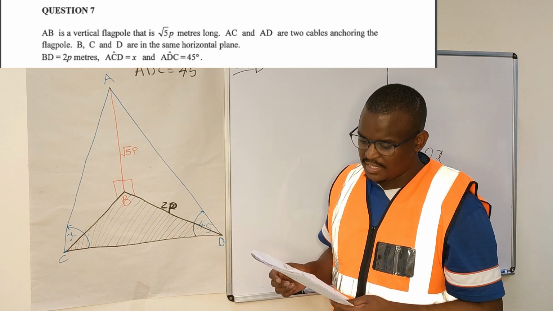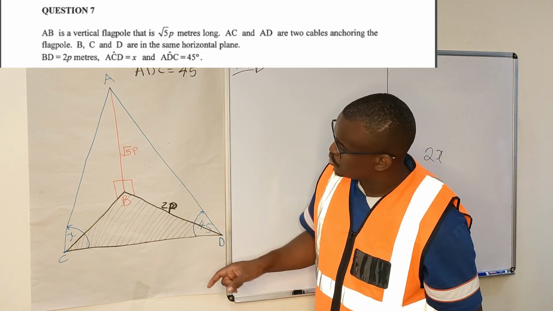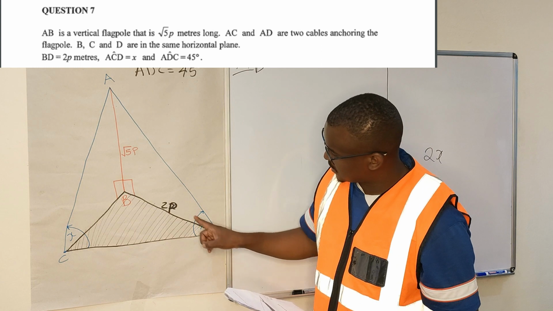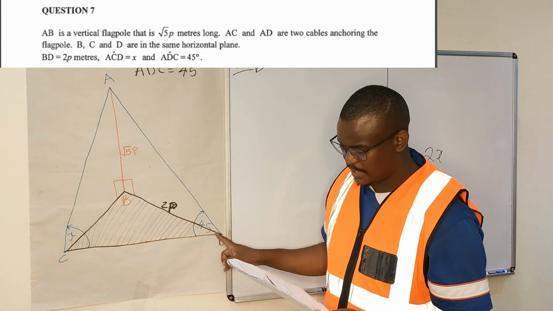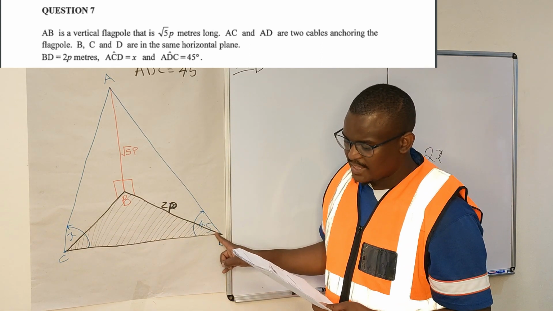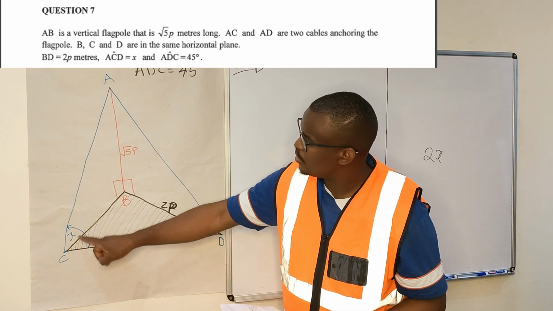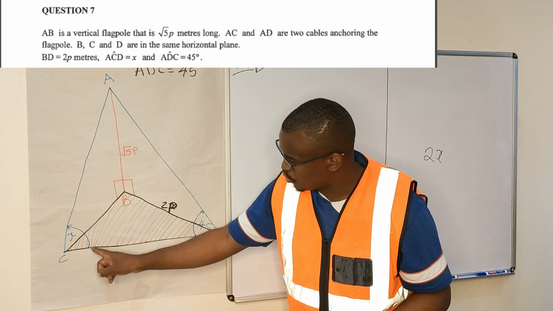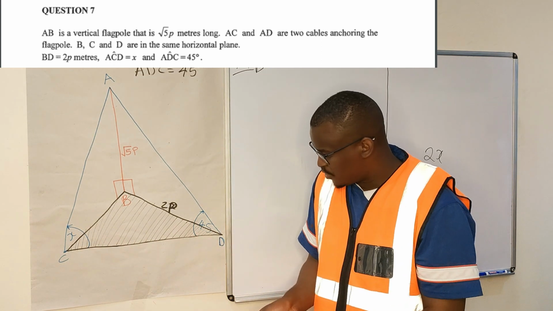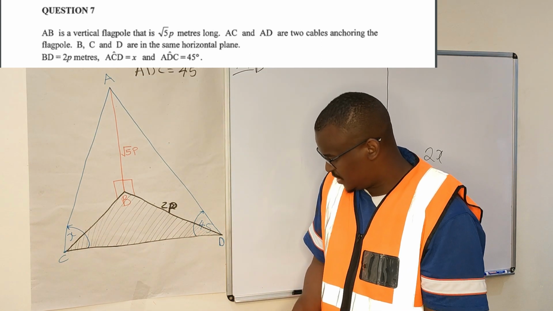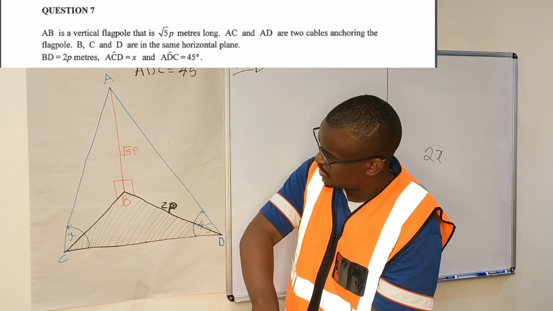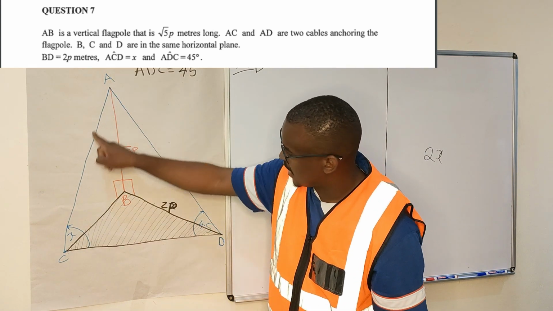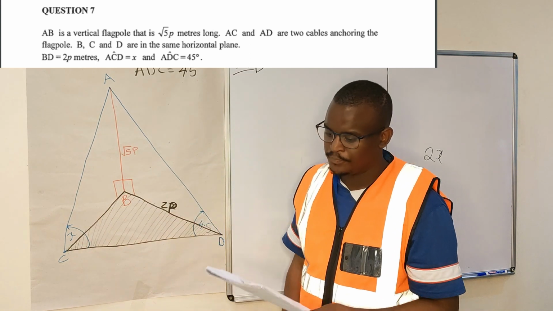BD is 2p meters. This is 2p. The angle C, which is this angle ACD, is x. This angle runs from the horizontal BD to that anchor cable AC.